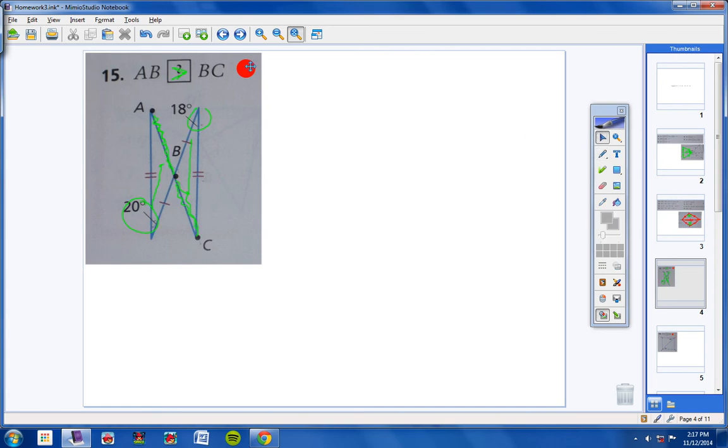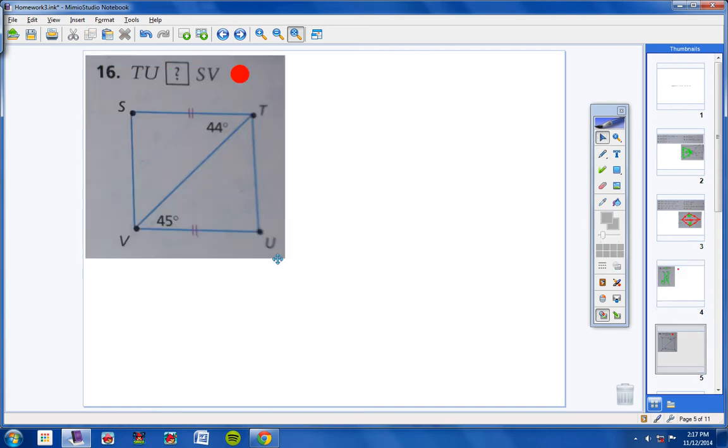Okay, moving on to number 16. Once again, guys, look, we have two sides of each triangle congruent. Here's one triangle here. Here's the other triangle over here. So we have two sides of the green triangle congruent to two sides of the red triangle.